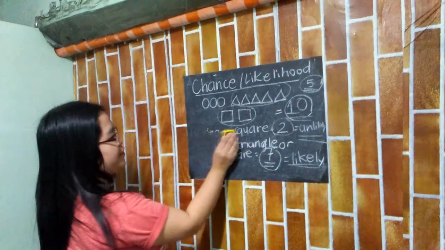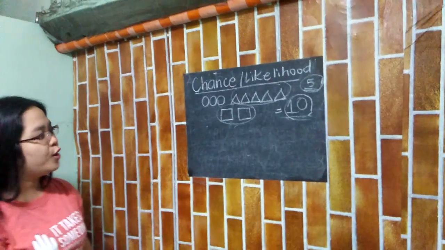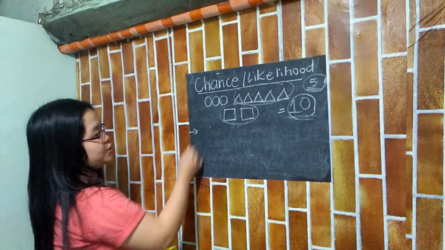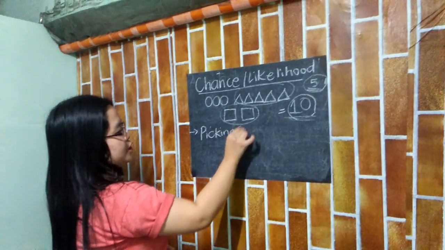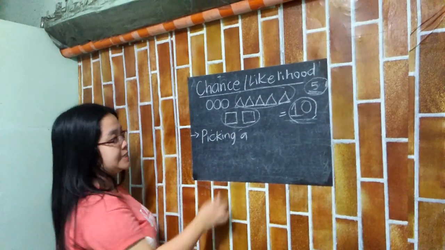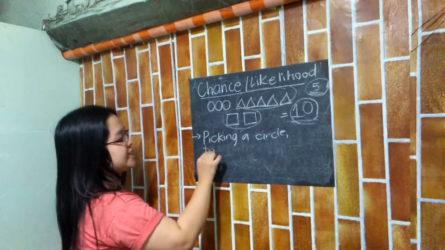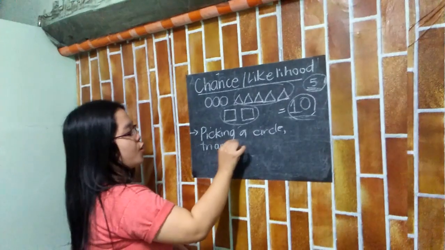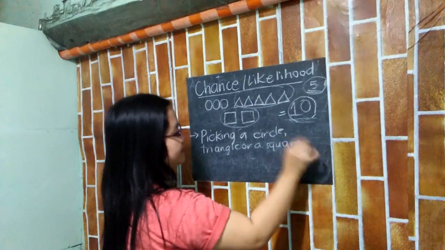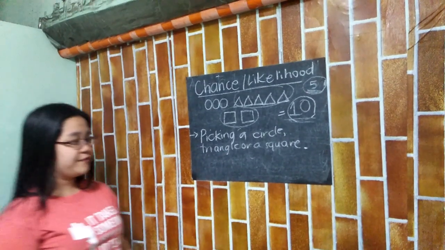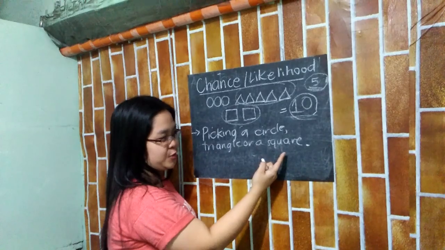Now, let me give you another example to differentiate other concept of our chances or likelihood. So let's have an event like this. Picking a circle, triangle, or a square. So what's our event given? Picking a circle, triangle, or a square.